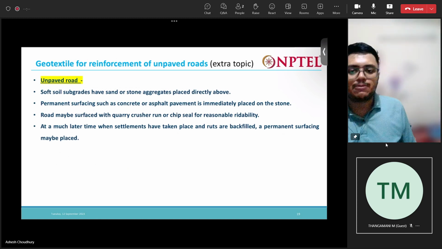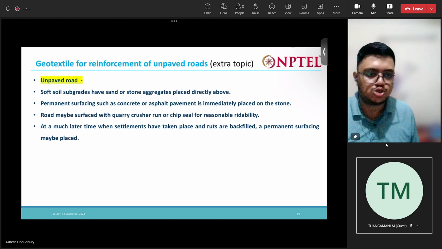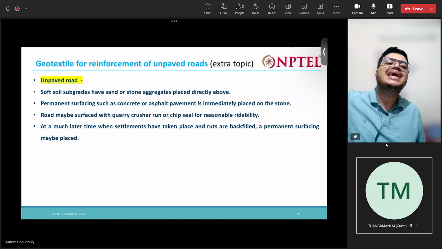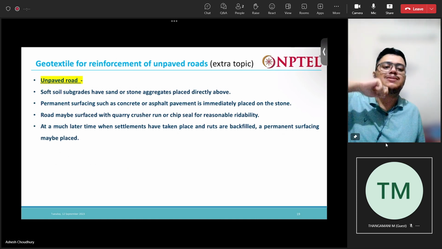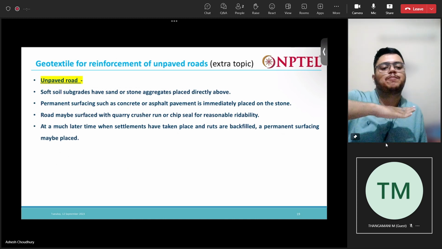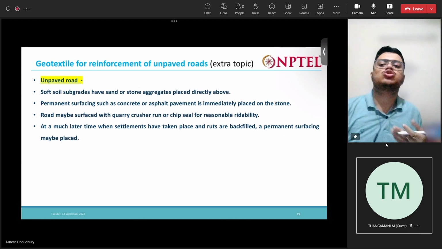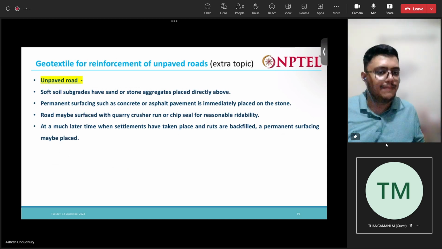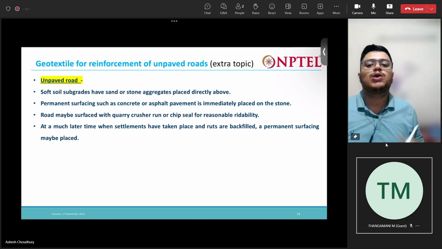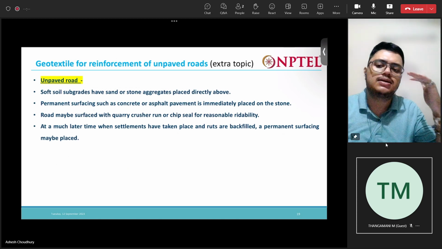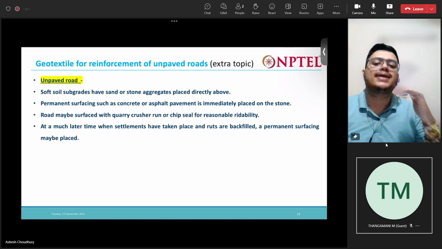Soft soil subgrades that have sand or stone aggregates placed directly above them. So there is no pavement like blacktopping or some bitumen layer or some asphalt layer. Nothing is there. Directly above the soft soil subgrade, we are providing sand or stone aggregates.